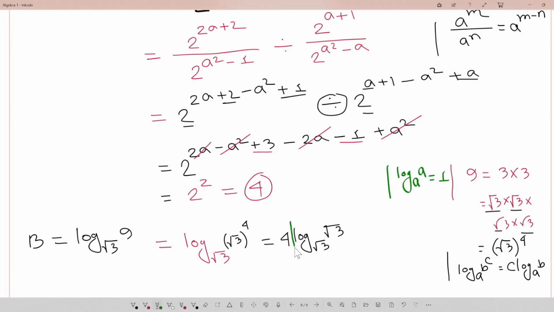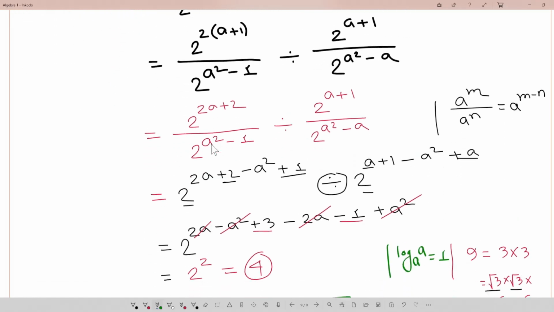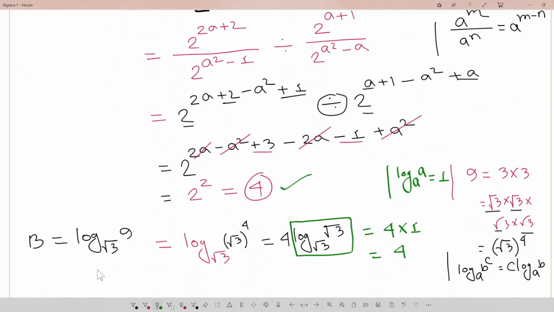So this whole thing becomes 1. How? 4 times 1 will be 4. So a, we already got the result, which is 4, and b, now we get the result 4. So we can say a equals b.